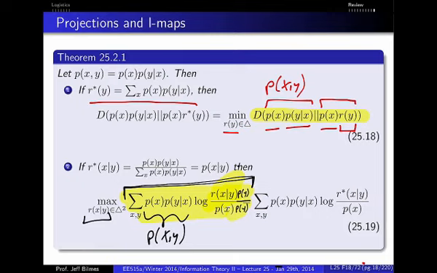It turns out that the R that achieves it is this marginal up here, just P of x, y. It's just the conditional distribution that's formed from the joint. So it's a form of marginalization, although we're dividing by a marginal, P of y.